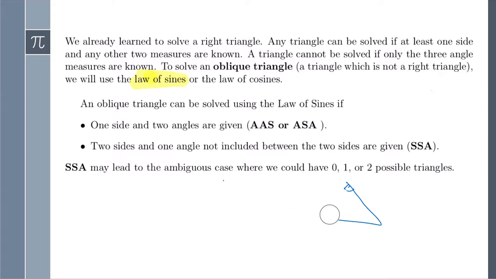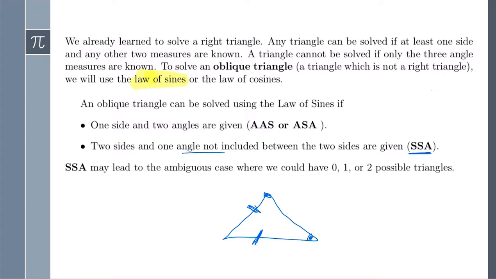The second case that we have here is a little bit different, and it's very important the way that we read it, because this one says side, side, angle. That means we are given a side, a side, and then an angle, and in this case, it should not be the angle between the sides, the included angle.